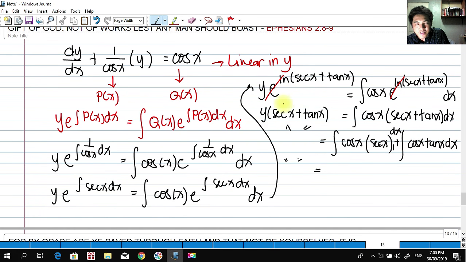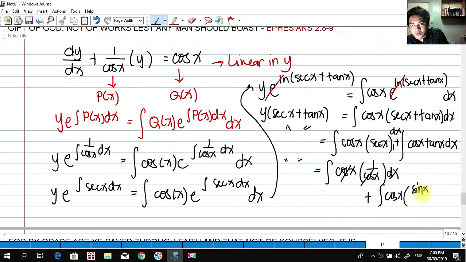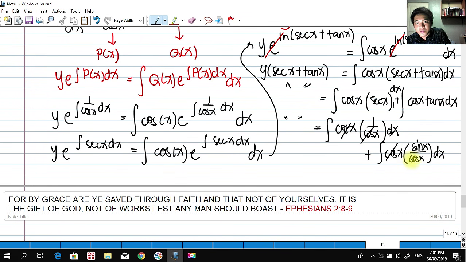Integral of cosine of x times secant of x, which is 1 over cosine of x, dx. So definitely this would cancel. Plus cosine of x times tangent, which is sine of x over cosine of x, dx. So what will happen? This would cancel.